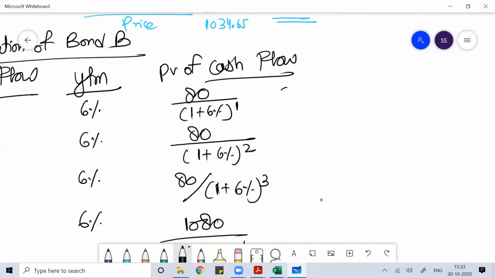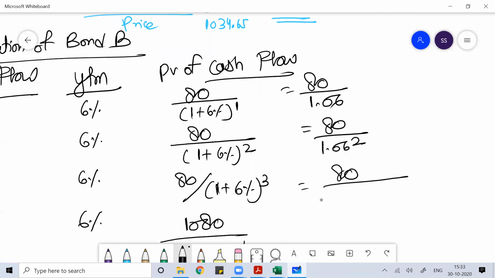So this is 80 divided by 1.06. This is 80 divided by 1.06 square. This is 80 divided by 1.06 cube.